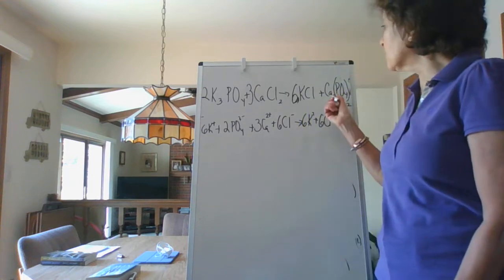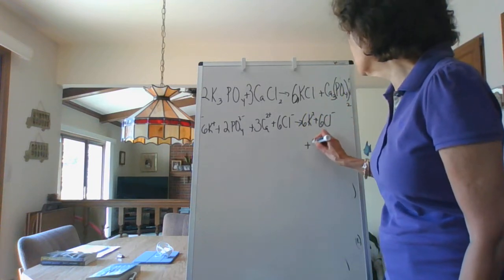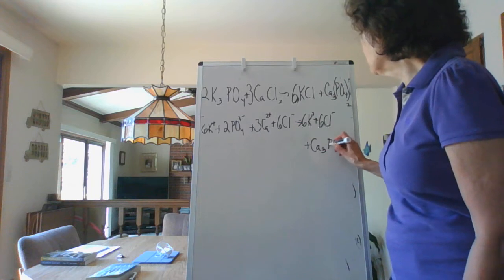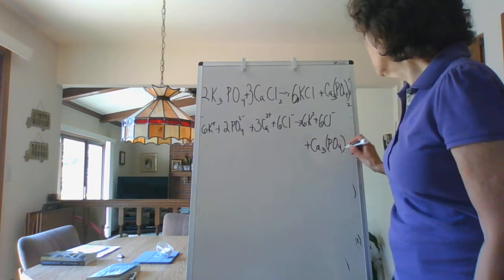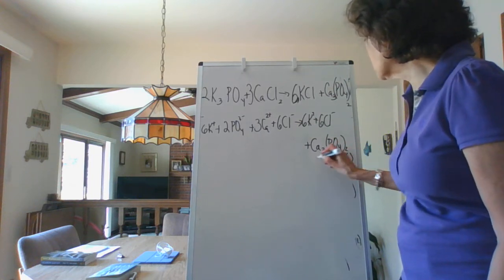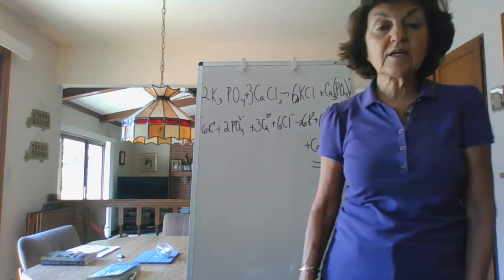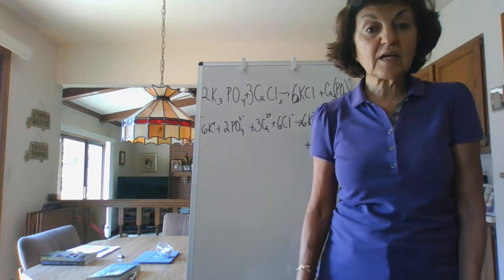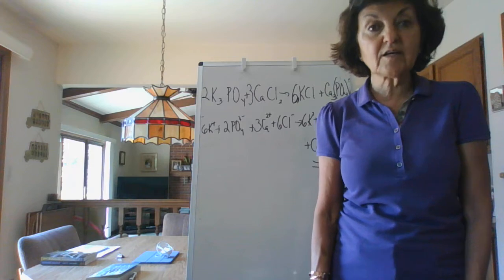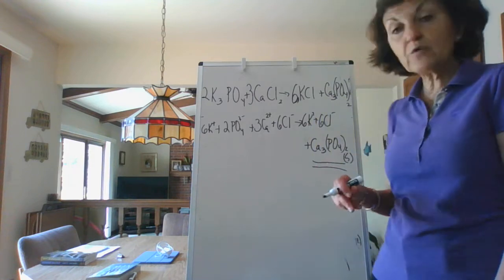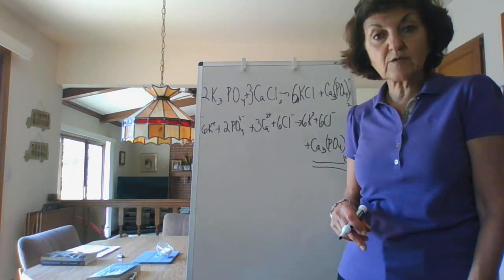Well, calcium is not group 1A, so this is plus Ca3(PO4)2 solid. This is a solid. So if the question is, is this a precipitation reaction? Absolutely, it is a precipitation reaction. You get calcium phosphate as a precipitate.